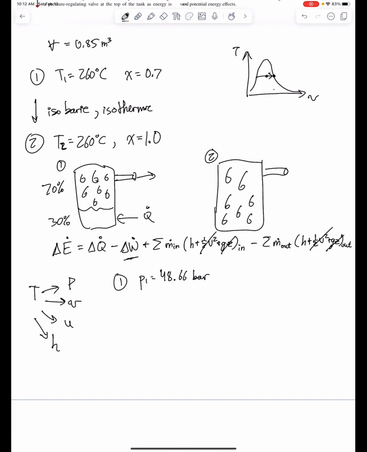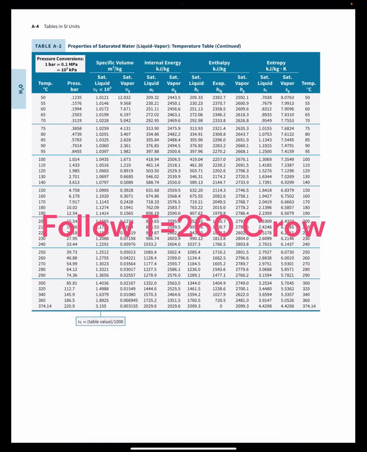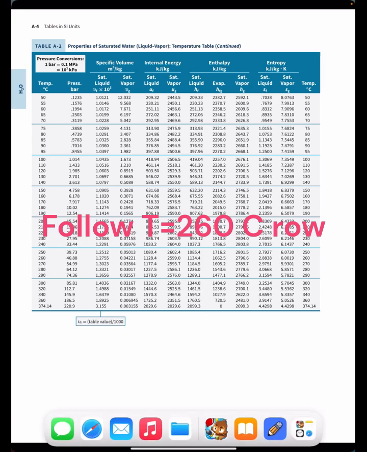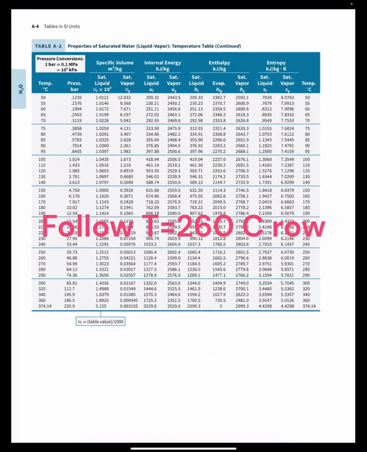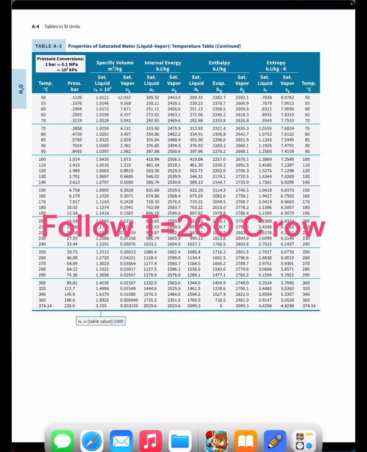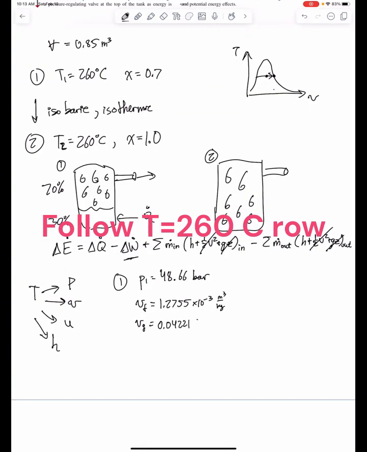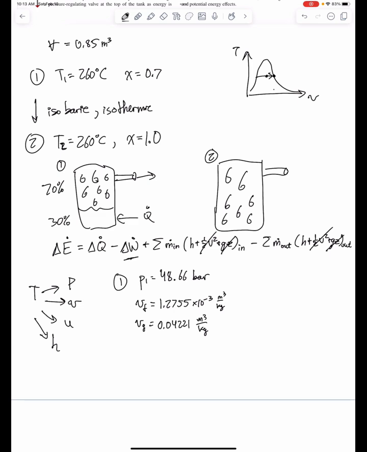Because we're given a quality that's not 0 or 1, I'm going to write down both the specific volume for the saturated fluid and gas: 1.275, 0.0421. Oh, this sucks. Okay, same with internal energy and enthalpy.